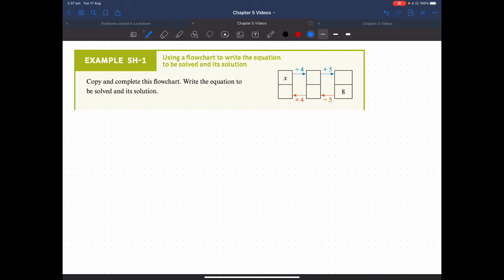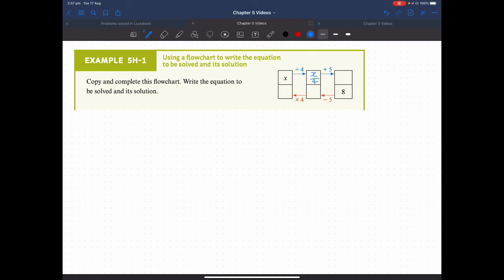Example 1. It says to us, copy and complete the flowchart, write the equation to be solved and its solution. So we're going to start working with the going forwards. We're starting with x. It says x divided by 4. That means x over 4.